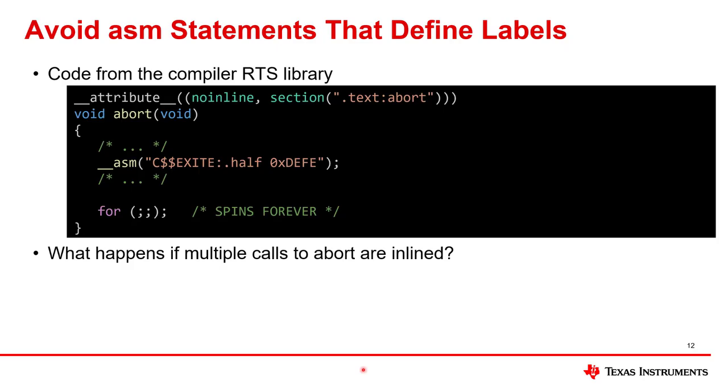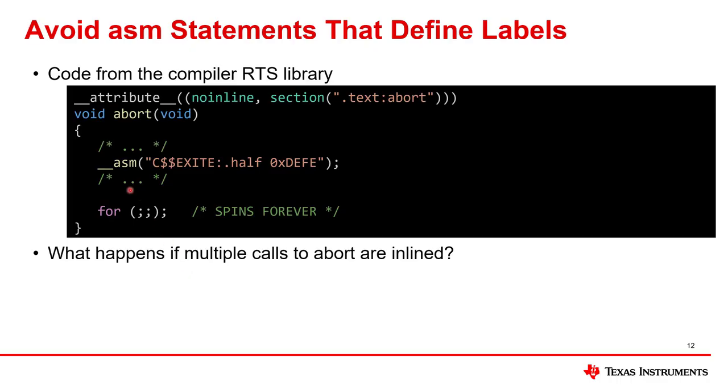This example contains an unusual situation, something that's not typical, but it gives you a sense of the effects LTO can have on a program. This code is from the compiler runtime support library. It's the abort function. The important thing to notice is that it has an ASM statement, and that ASM statement defines a label, that label right there. The question to consider is, what happens if multiple calls to abort are inlined?